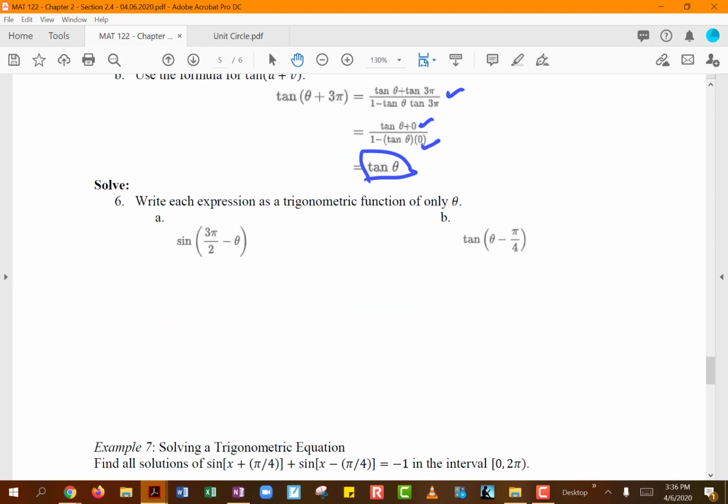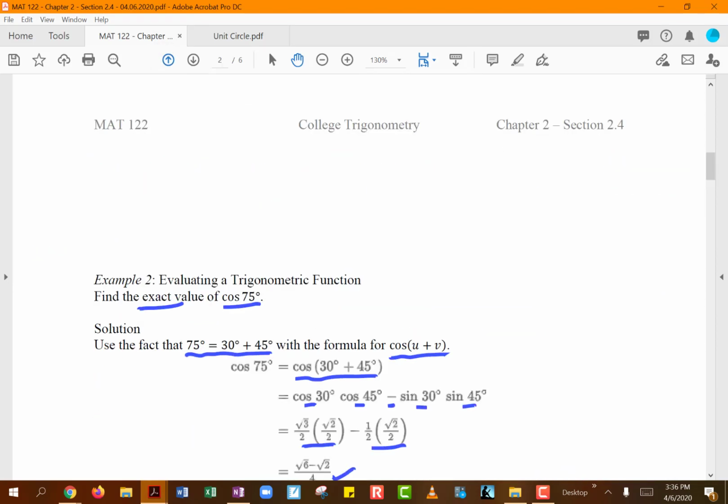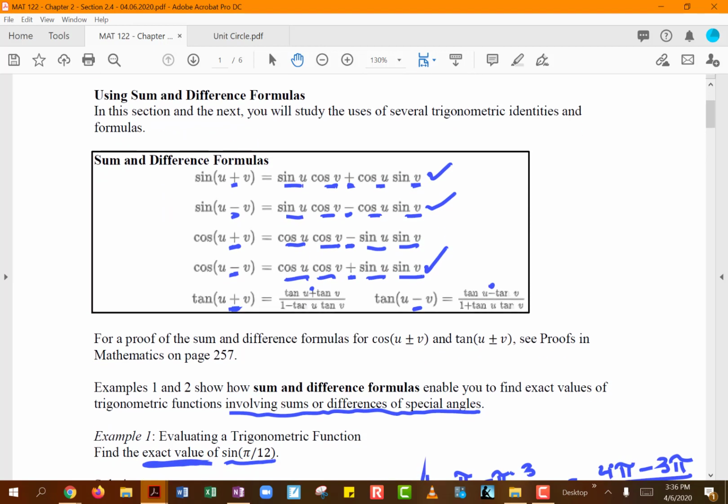And I'm actually going to go back to the very first page of this handout to show you the tangent rule. So you're actually looking at this guy over here, tangent of u minus v.